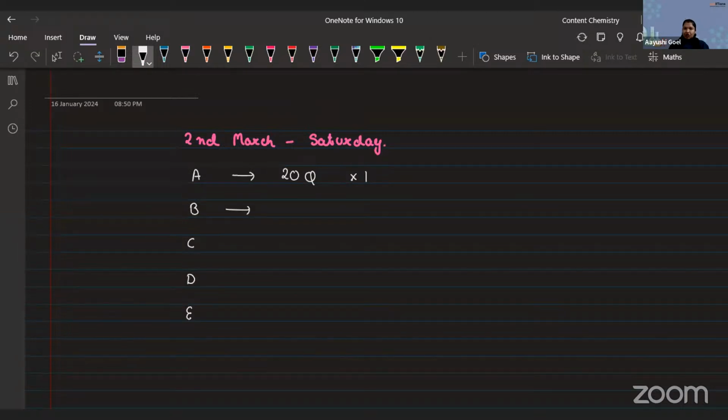In the B section, I'll be having nearly 6 questions of 2 marks each. Then we will be having 7 questions of 3 marks each. Then I'll be having only 3 questions of 5 marks each, and 3 questions of 4 marks each.